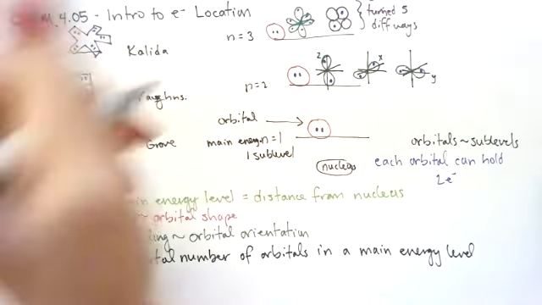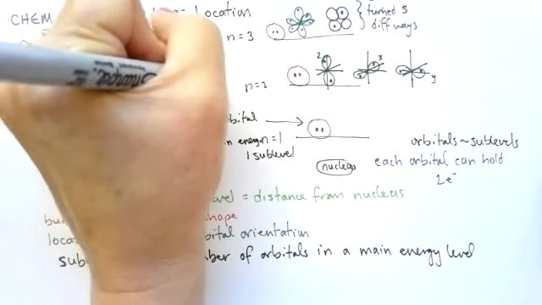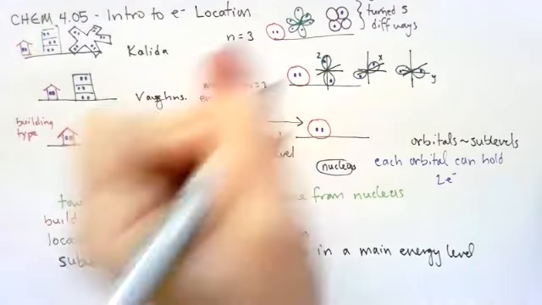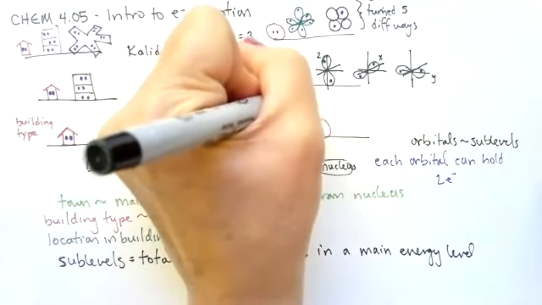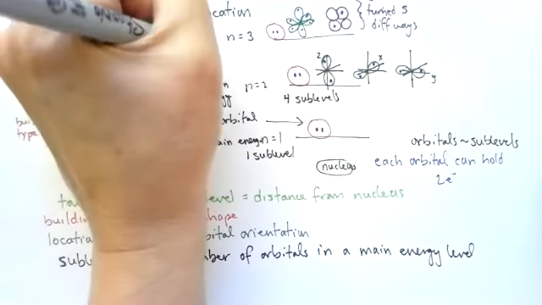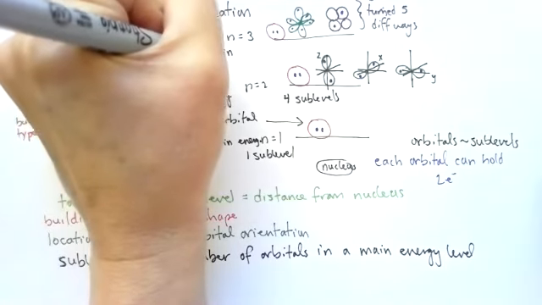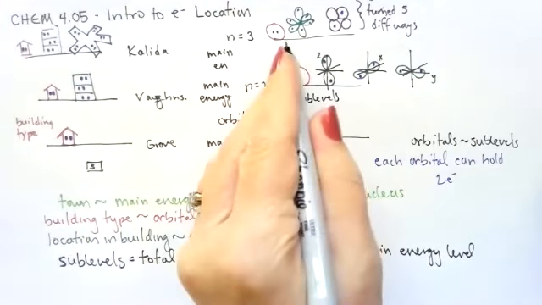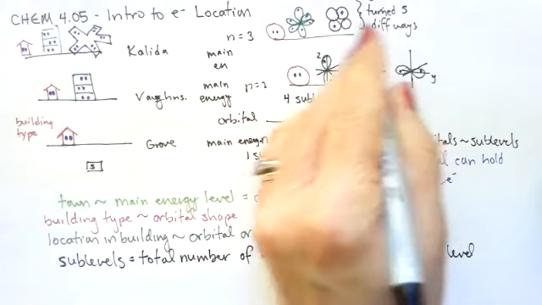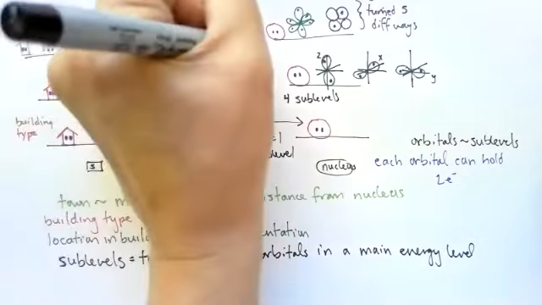Main energy level 1. Here at main energy level 2, I have got 4 sublevels. Here at main energy level 3, I've got 1, 2, 3, 4, and then I have all 5 of these, so I have 9 sublevels.